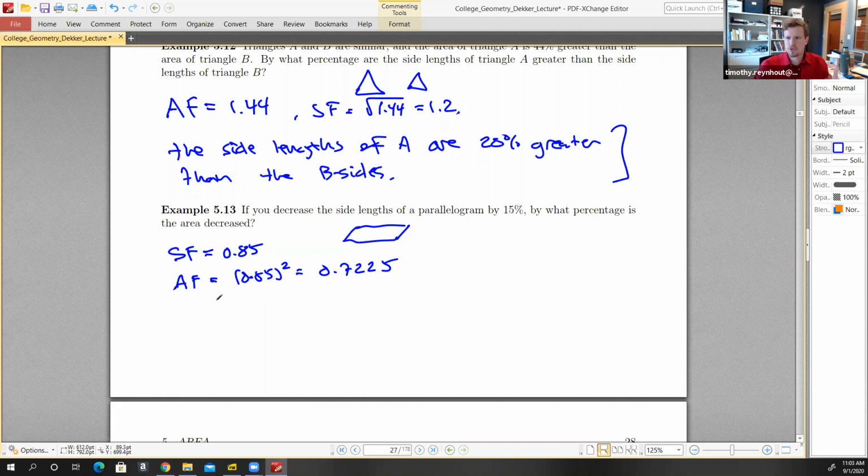So it has been reduced by, let's see, that'd be 27.75%. Area is reduced by 27.75%. Excellent. So that's the last example for this section.